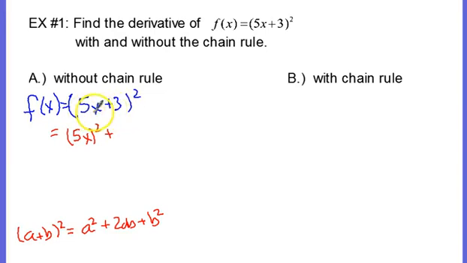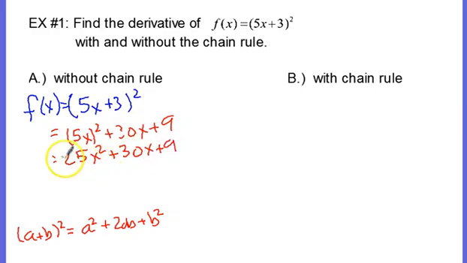That would be 3 times 5 is 15, times 2 is 30x, plus the last one squared is 9, so this is 25x squared plus 30x plus 9.